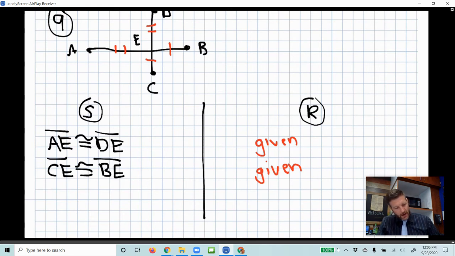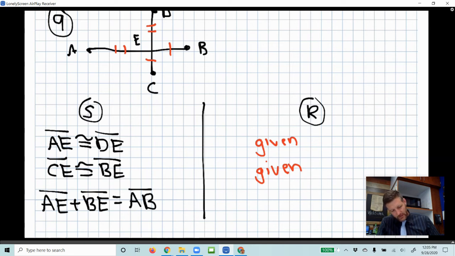So in other words, I could say that AE plus BE, those are the 2 smaller pieces horizontally, they equal the full segment AB. Since I'm going to have to prove AB is congruent to something, I might as well determine the pieces that go into AB.